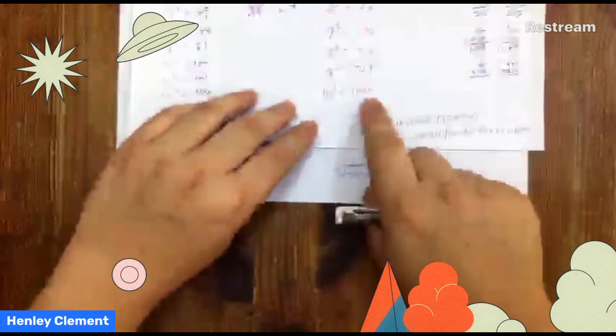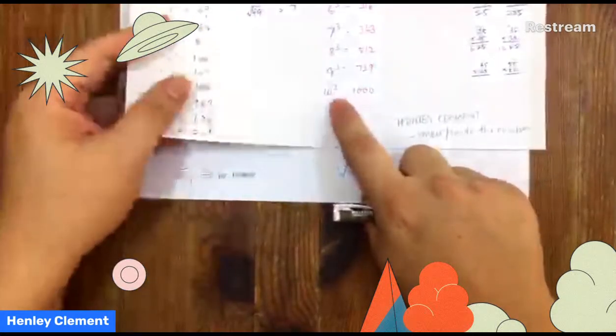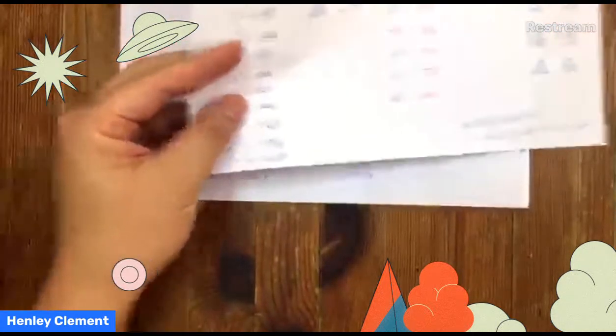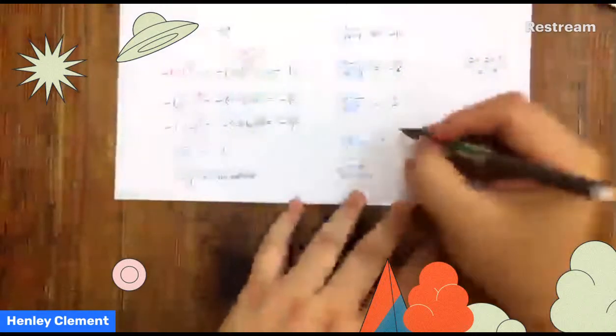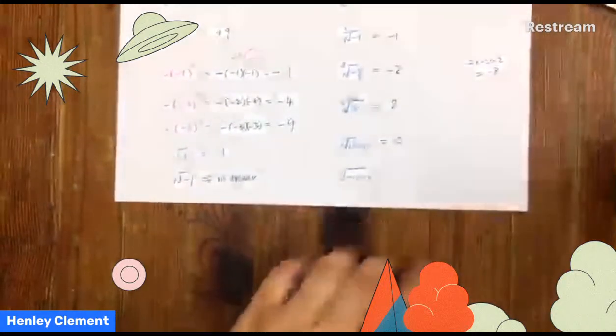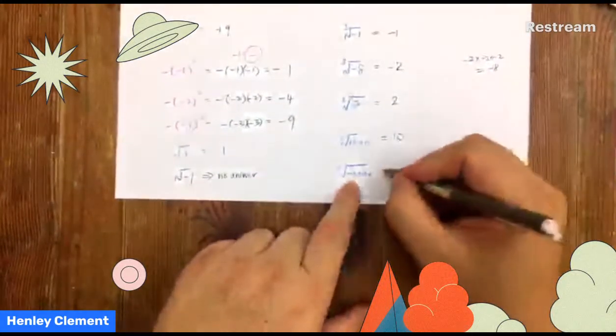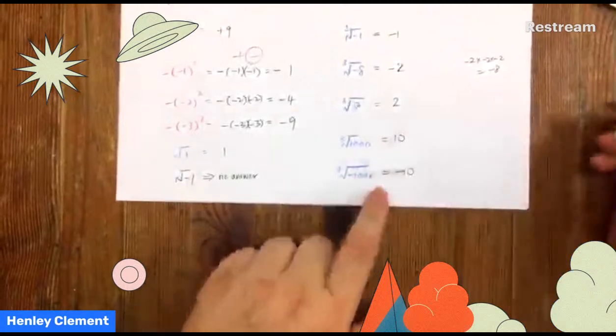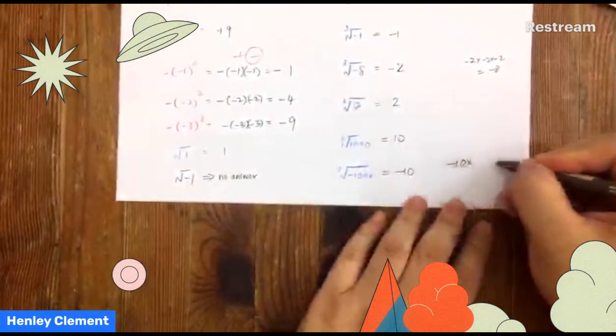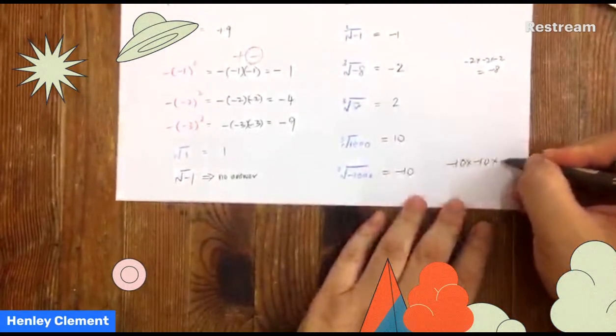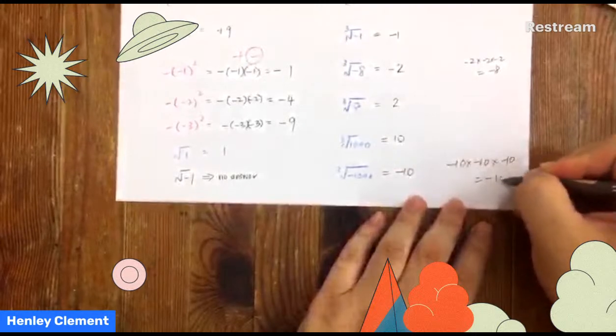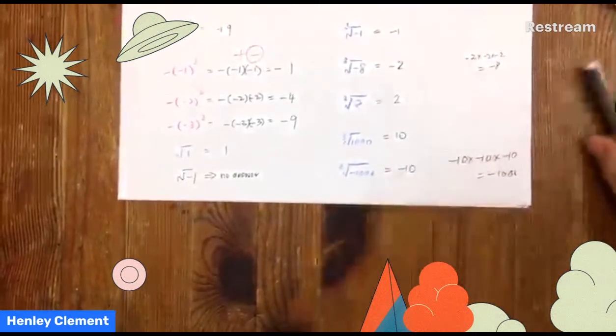If we get back the previous paper, cube root of 1000 will give you 10 to the power of 3. So the answer should be 10. Same thing happens here. If this is a negative number, it will give you negative 10, because negative 10 times negative 10 times negative 10 will give you negative 1000.